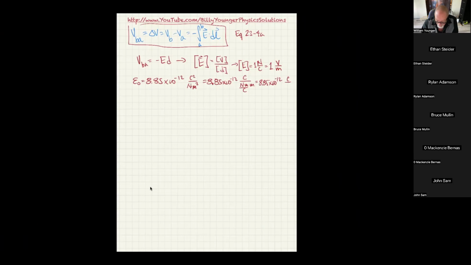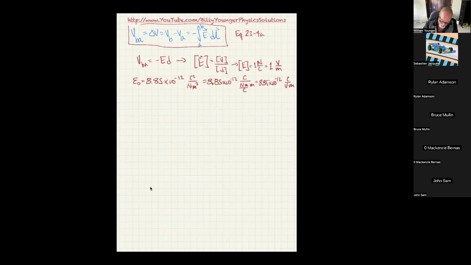A Newton times a meter is a joule, and a joule per coulomb is a volt, so that's coulomb per volt meter. That's another unit you could use for epsilon 0 as opposed to coulombs squared per Newton meter squared. That comes in handy sometimes. But the main thing is we can now see the electric field as a change in voltage over distance.